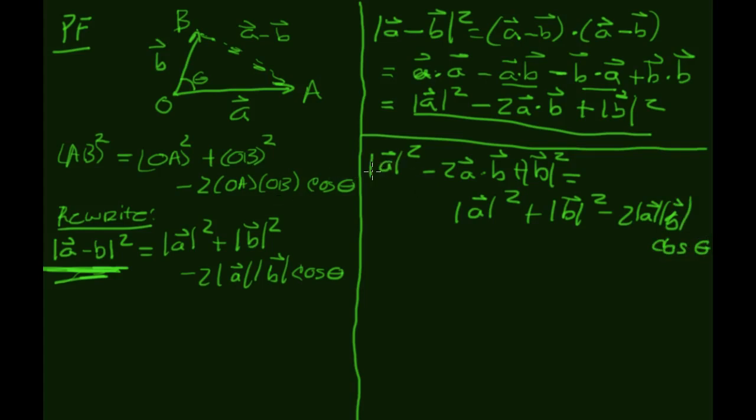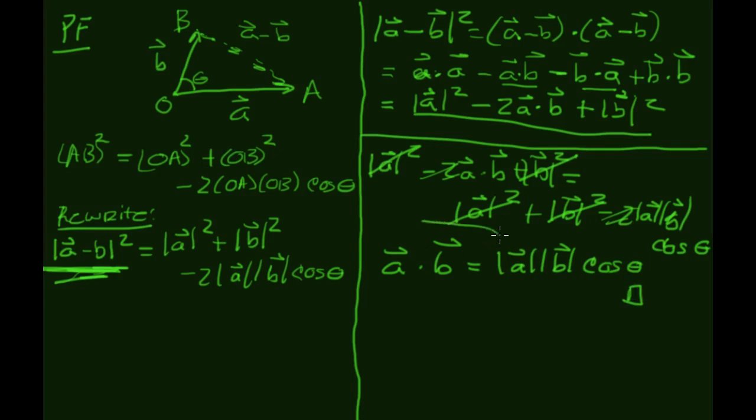Now here's the beauty. That's on the left, that's on the right. That's on the left, that's on the right. There's a negative 2 in both places, so I'm going to end up with A dot B is equal to magnitude of A times magnitude of B times cosine theta, which is precisely the law of cosines.